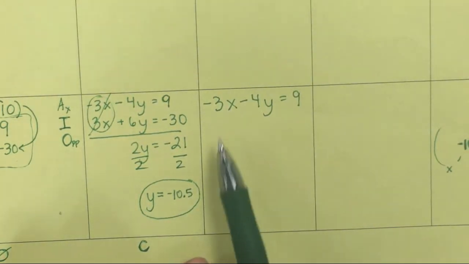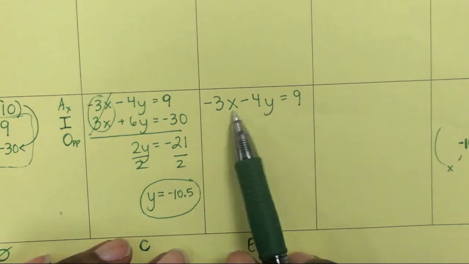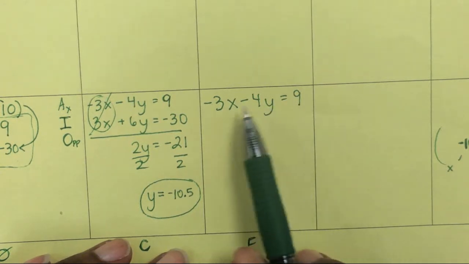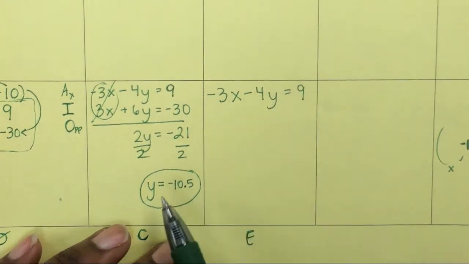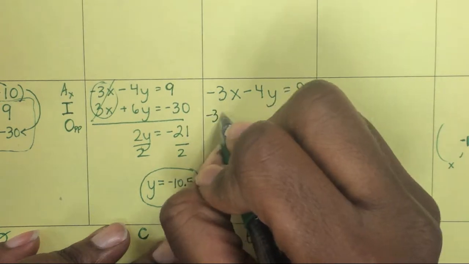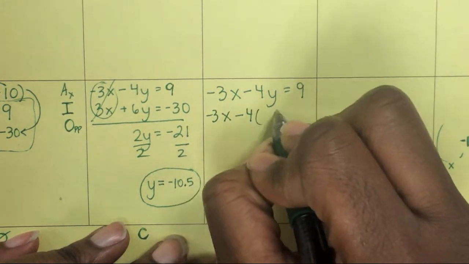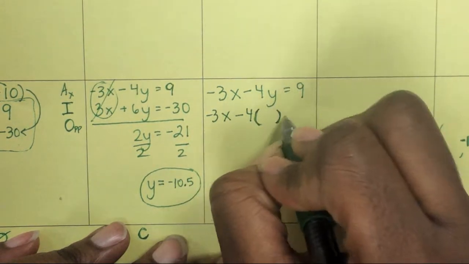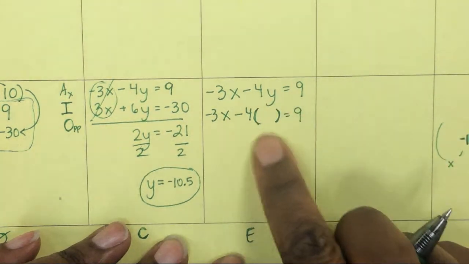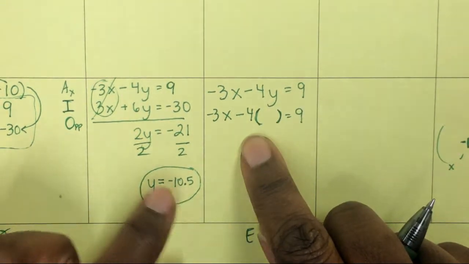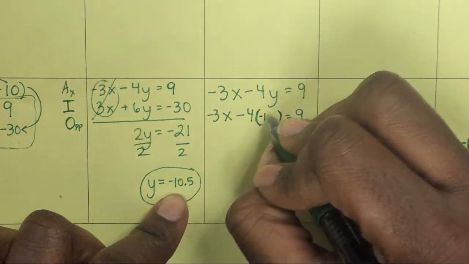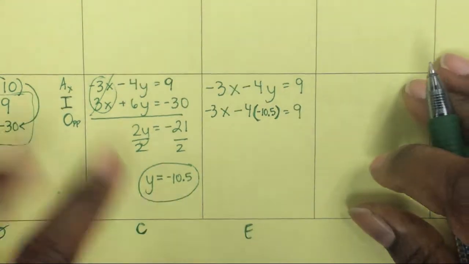So what are we doing with the easy equation? We got to plug something in. What is it? The Y. What did we just solve for? Thank you. And the rule is to plug it in with what? Always plug in with parentheses. And what is it? Negative 10.5.